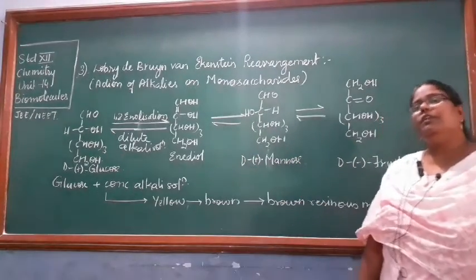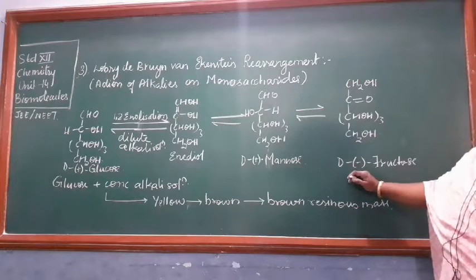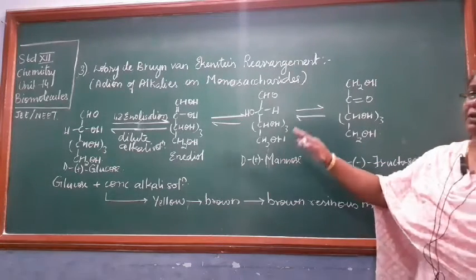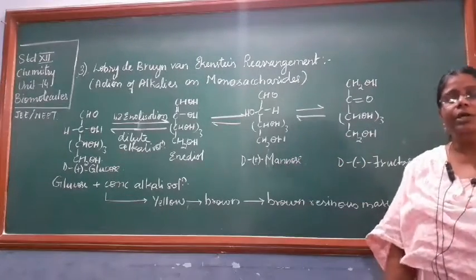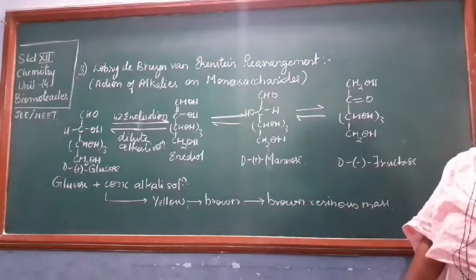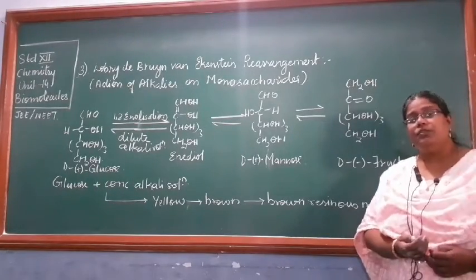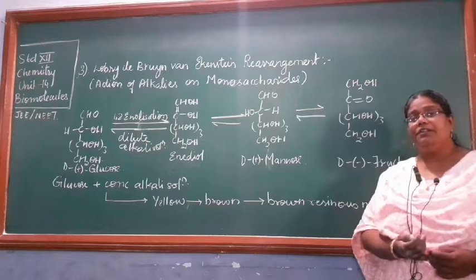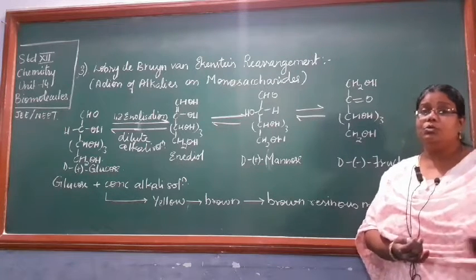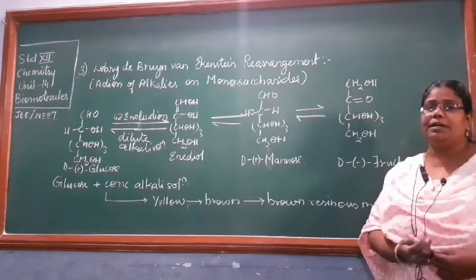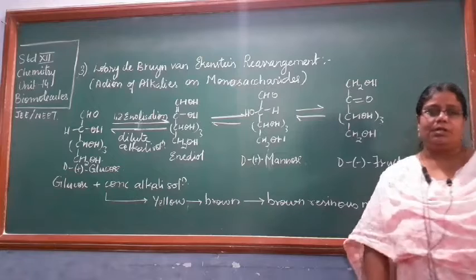So, we can observe this with glucose or mannose or fructose when it is treated with dilute alkali solution. Okay, so these were a few reactions of the monosaccharides which help us to identify whether it is a reducing sugar or not, or whether your compound is a monosaccharide, disaccharide or polysaccharide. Okay, so you can note this down. Thank you.